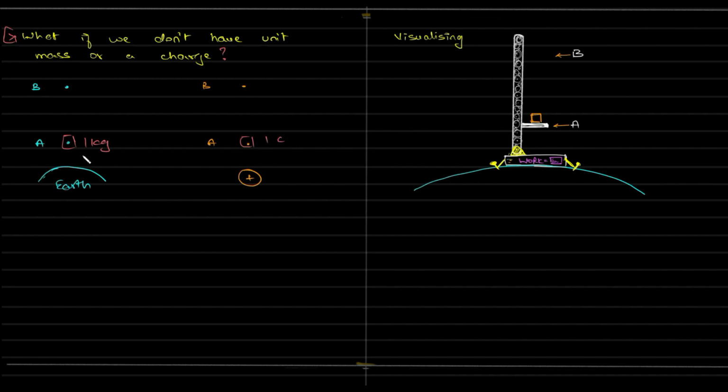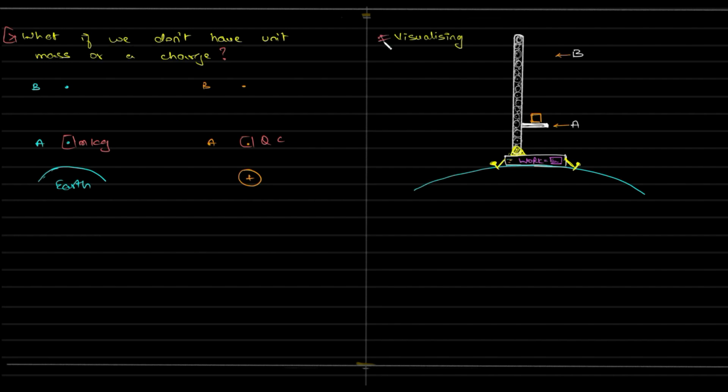But what if we don't have this 1 kg, or 1 coulomb? We might have 100 coulomb, we might have q coulomb, we don't know. So in place of 1, we might have m kg mass and q coulomb of charge. So how can we make use of this, and how can we find the potential difference?